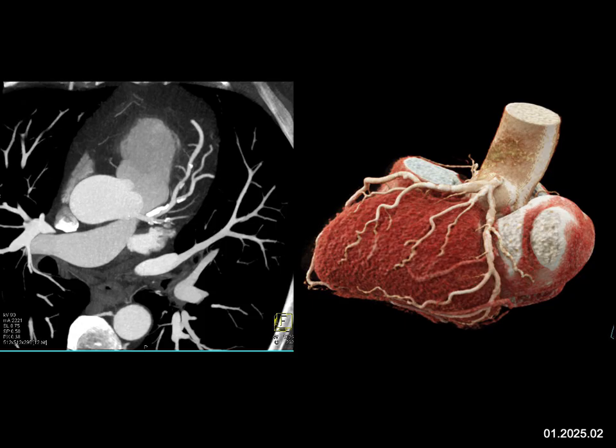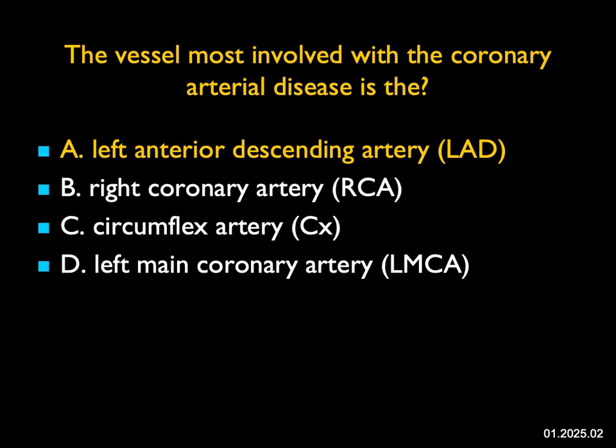I think I gave you this case because I really like the 3D imaging. It's not the right coronary. In fact, you don't really see the right coronary to any degree. Circumflex you see, but it's not the circumflex. Circumflex does have disease, as does the left main coronary artery. But at the end of the day, the vessel that's most involved is the left anterior descending coronary artery.